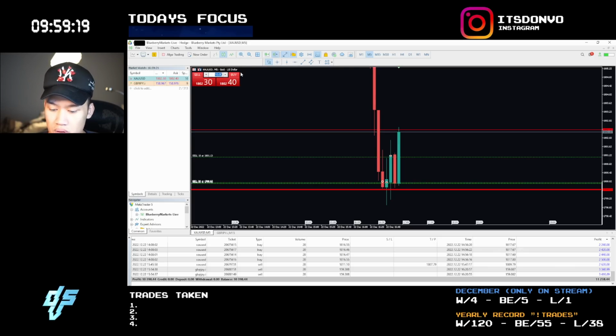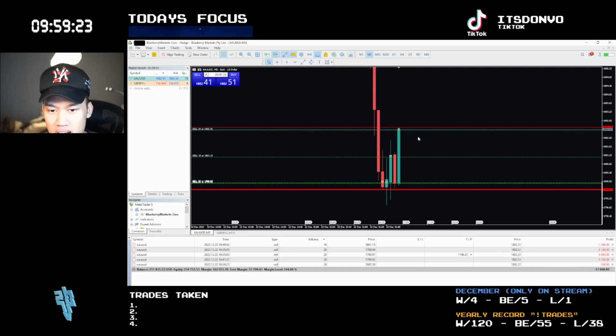At this point, we add our position, boom, position there, and then as this candle starts to head down, we can start to scale or start to match risks.